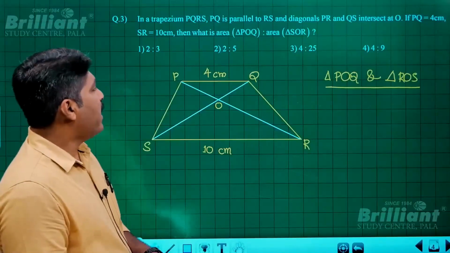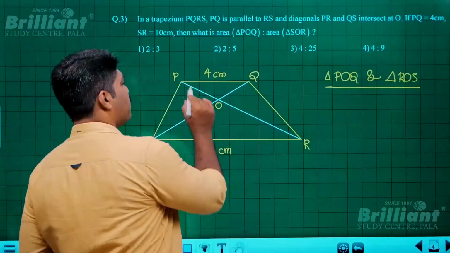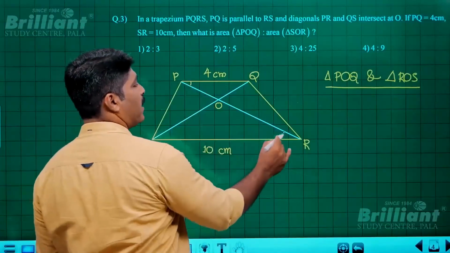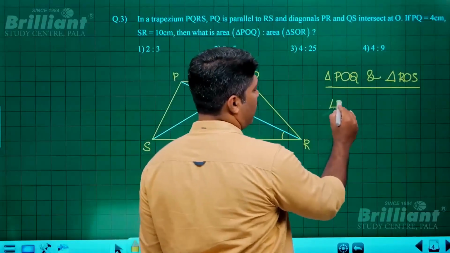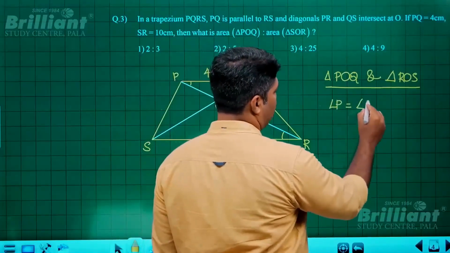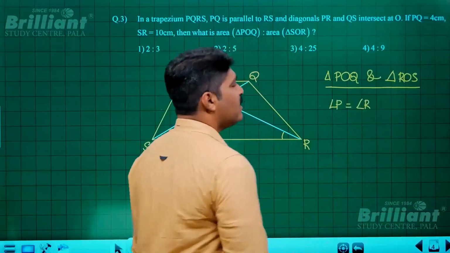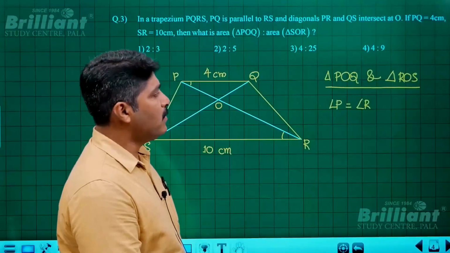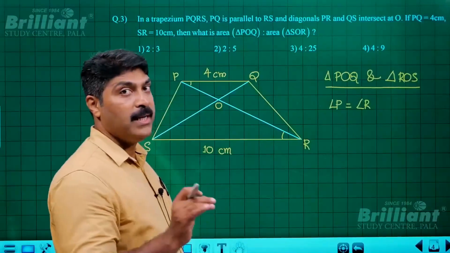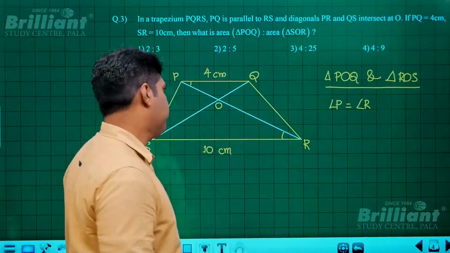So here how can we start? While we are considering these angles, angle P equal to angle R. Correct? So in short, we can write angle P is equal to angle R. What's the reason why we can conclude these two angles are the same? Just because these two angles are alternate interior angles.